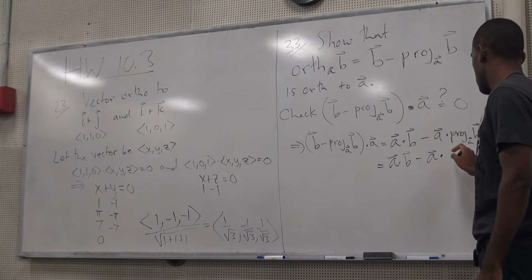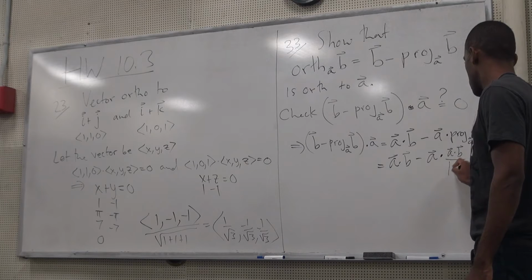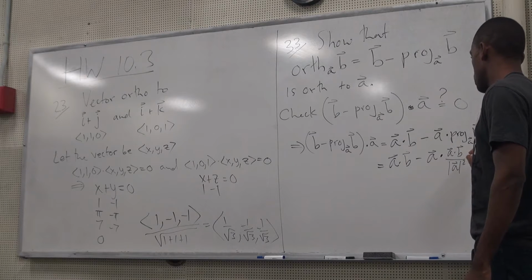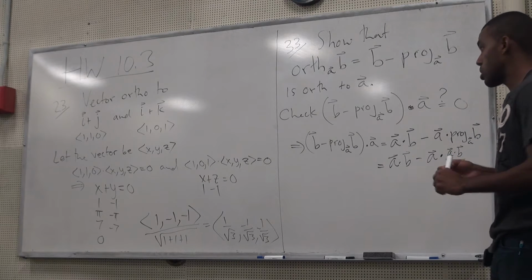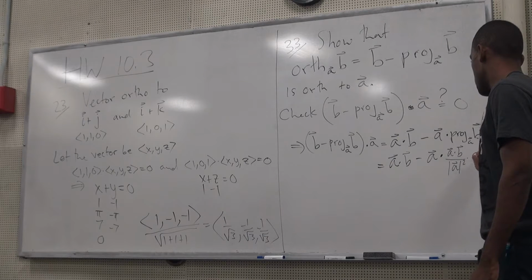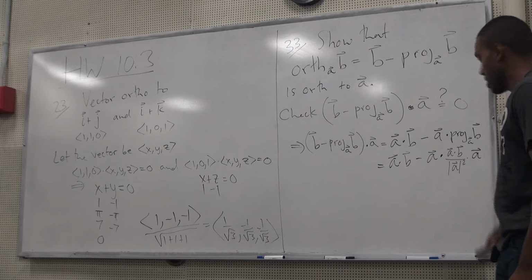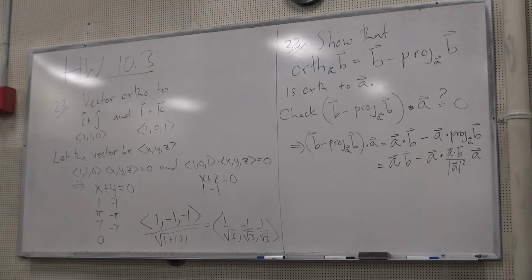It's A dot B over the magnitude of A squared times the vector A. It's just a regular multiplication, right? Be careful how you use the dots, they mean things. If this were a dot product, this guy would be a scalar and this wouldn't make any sense. Okay, so now what?